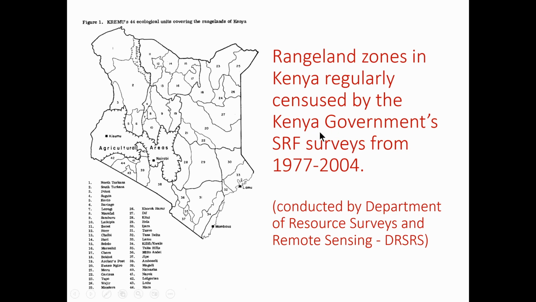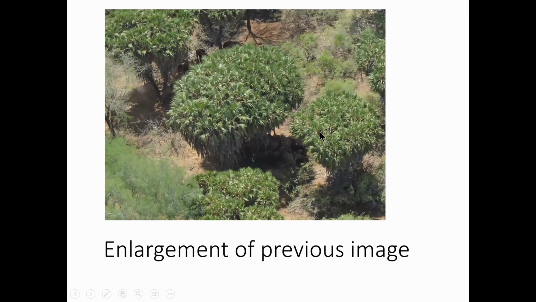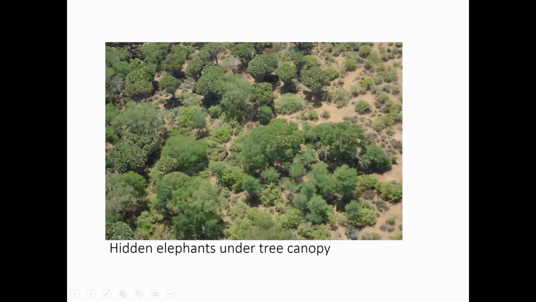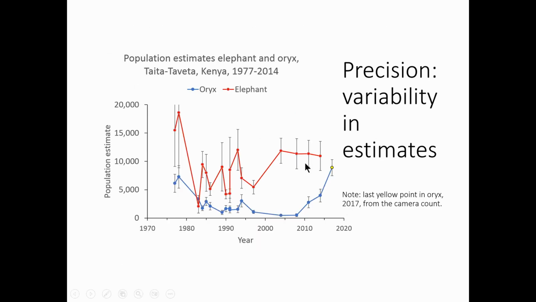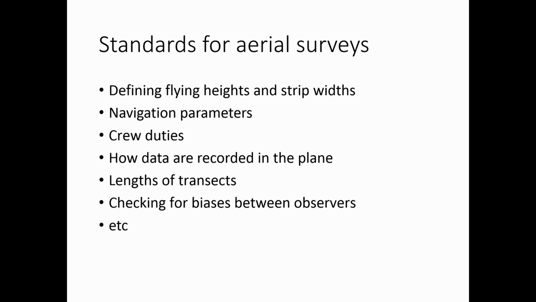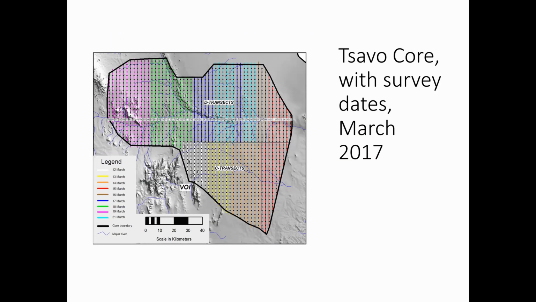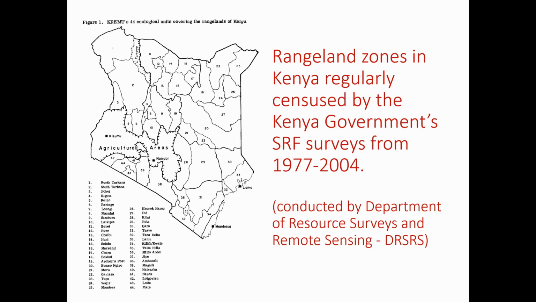But as you can see, if I go back here, this elephant line is from one counting block, Taita Taveta in Kenya. You can see that there were errors coming in, where we needed to think about some new ideas and bring some new technology into this process.